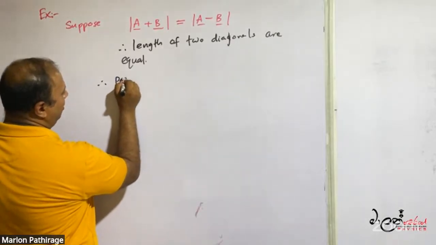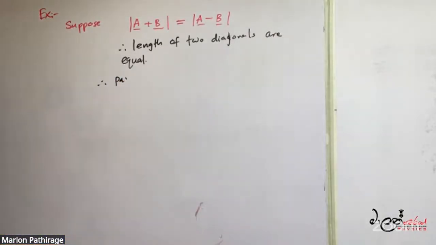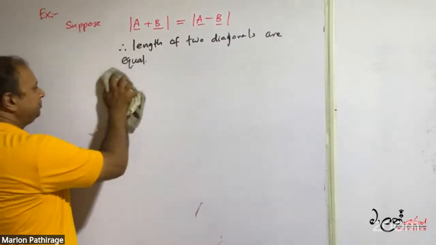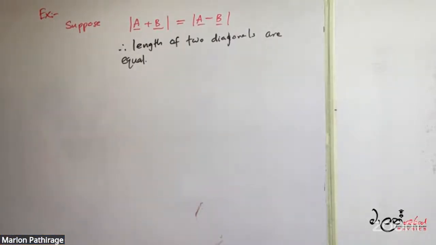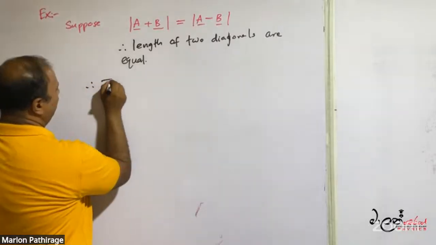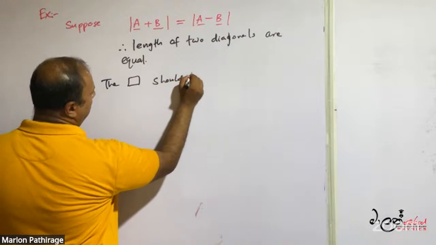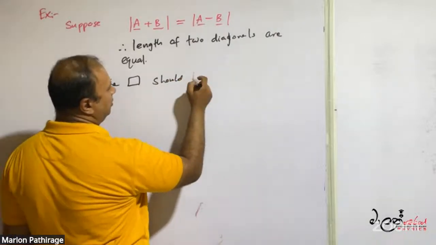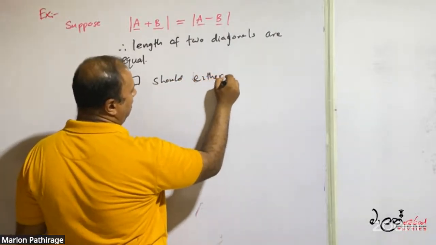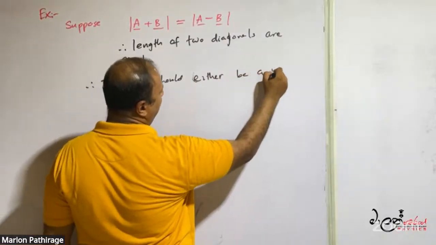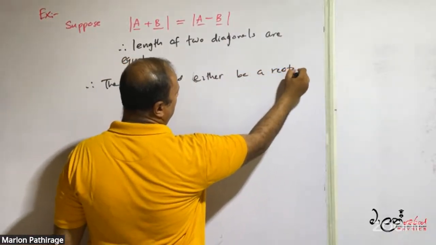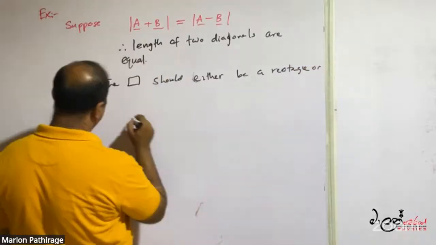Therefore, the parallelogram should either be a rectangle or a square.